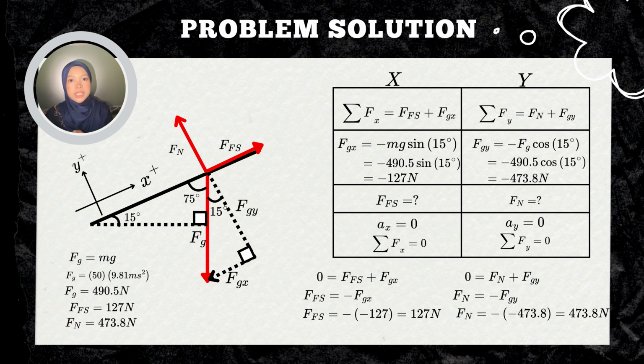Again, she is not accelerating, so the sum of net forces for the y-axis is also equal to 0. Then 0 equals Fn plus Fgy. Then I move the normal force to the left side and substitute the value of Fgy in the formula. Then we get the total of 143 Newtons. All forces are balanced in both directions. That's why she stays perfectly still.